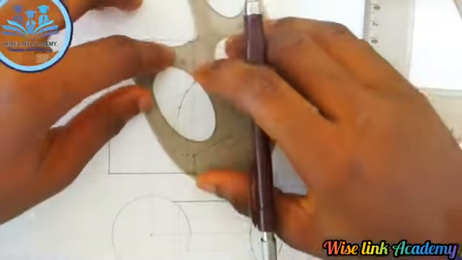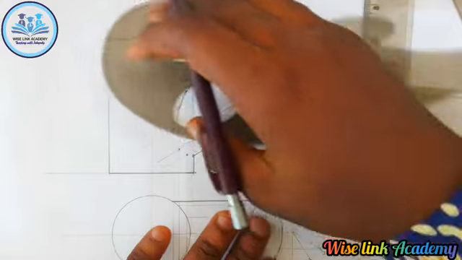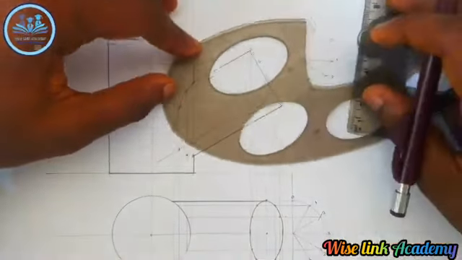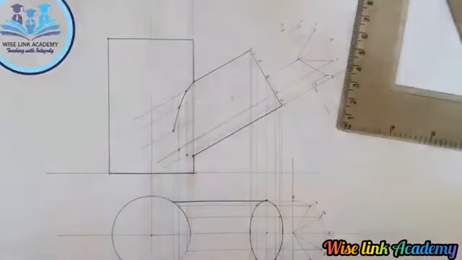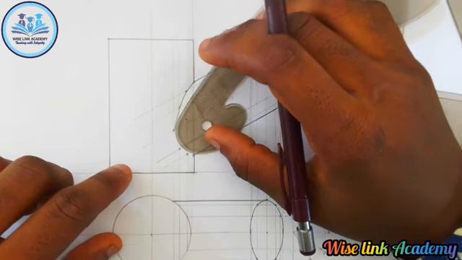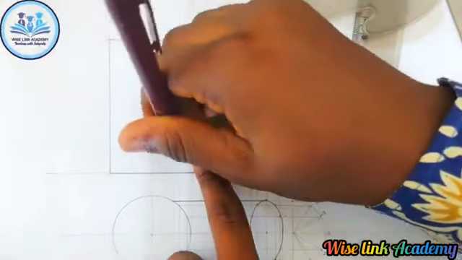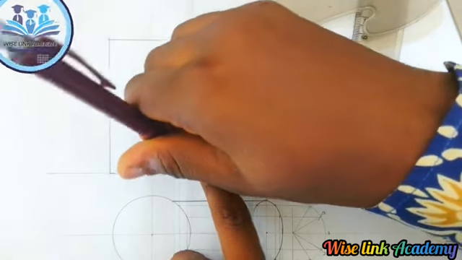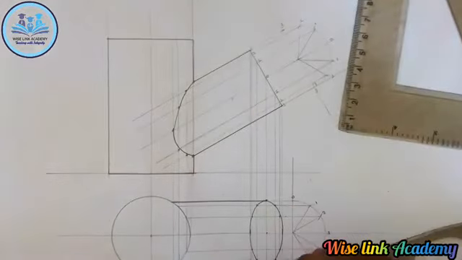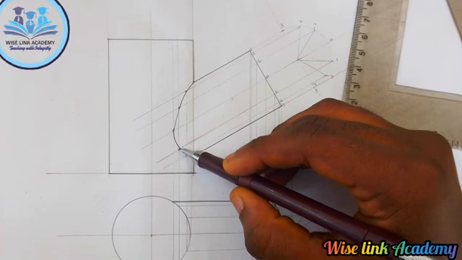I'm working this way. So join it this way. I will join this point to this point together, so I just connect them this way. So I'll be having this. So this will be my what? My curve, my interpenetrating arc.